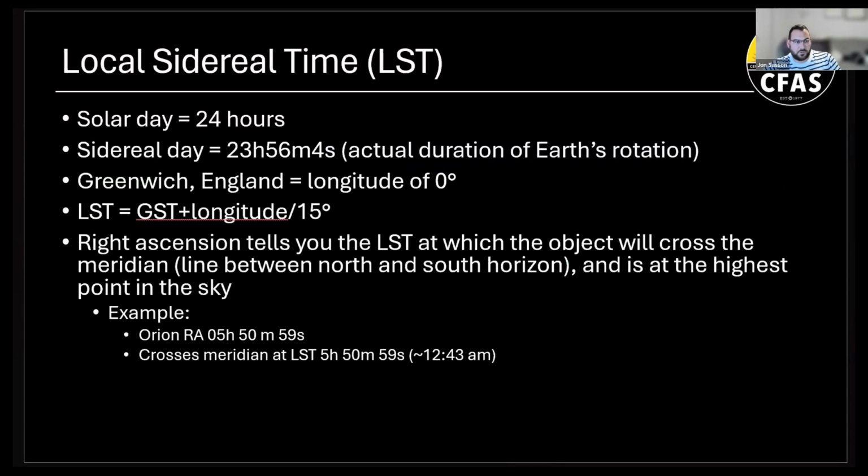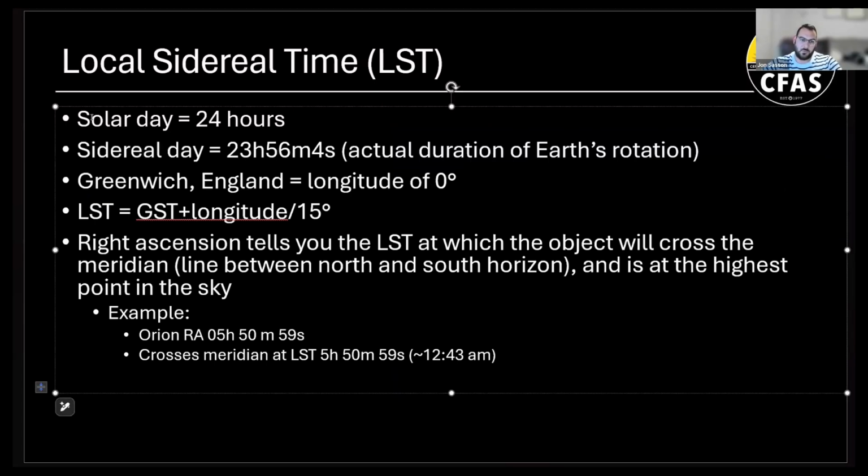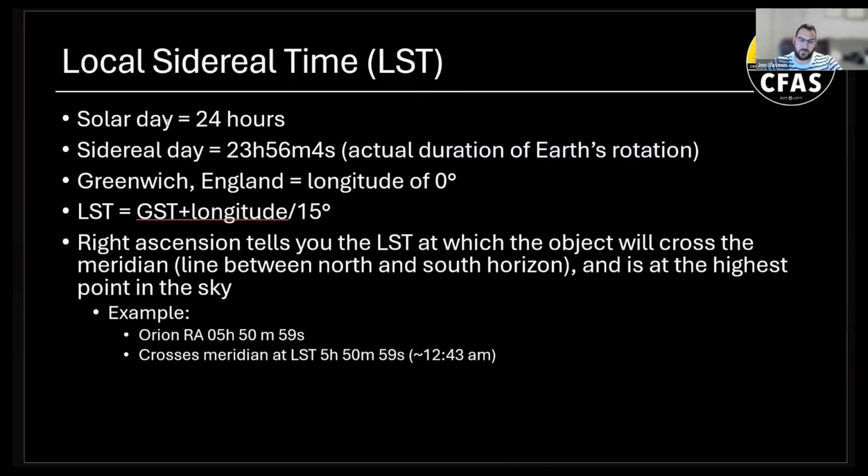And then another term that we should be aware of when using equatorial mounts, and when tracking any object really, is the local sidereal time, right? One solar day has 24 hours, as we're used to, but a sidereal day has 23 hours, 56 minutes, and 4.1 seconds, actually.